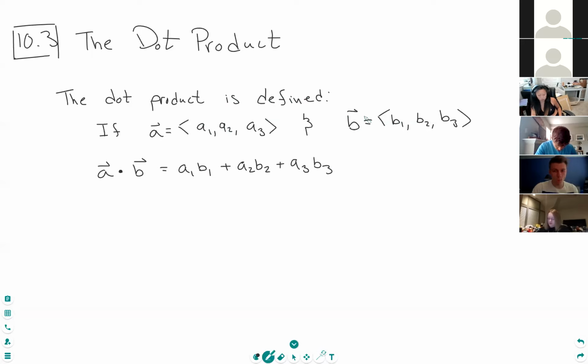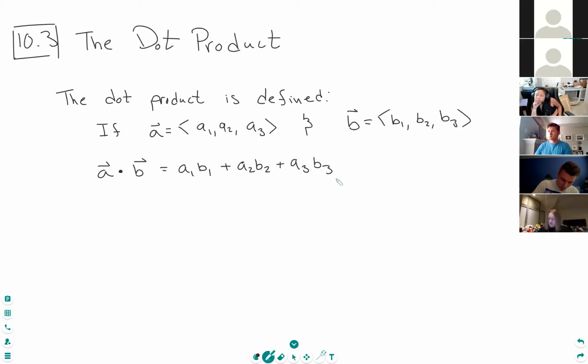Another takeaway from this is that after the dot product has been performed, the result is no longer a vector, right? I took two vectors, I multiplied them using this dot product, and I got a scalar value out of it, right?